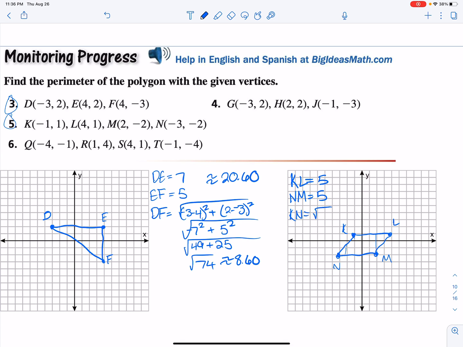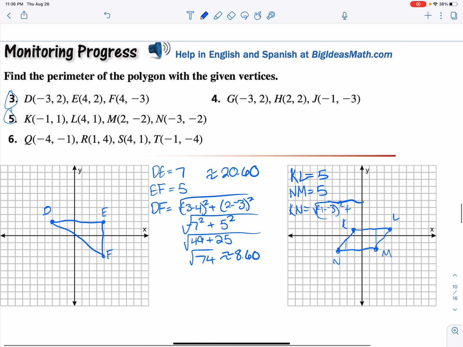So KN is, let's see, -1 minus -3 squared plus 1 minus -2 squared. So it's going to be 2 squared plus 3 squared, which is 4 plus 9, which is the square root of 13.